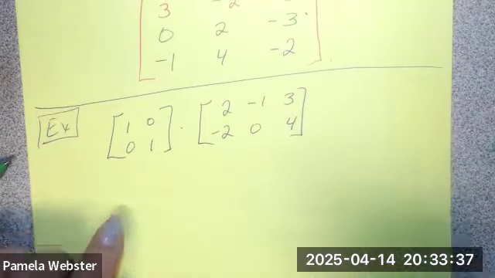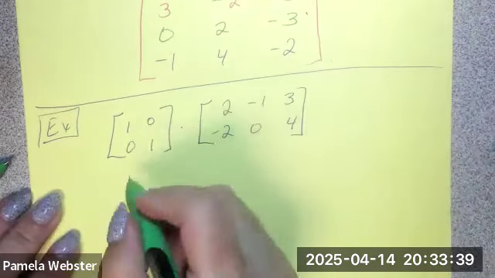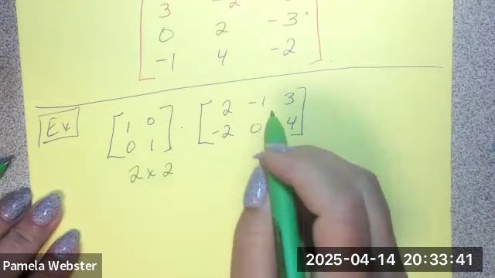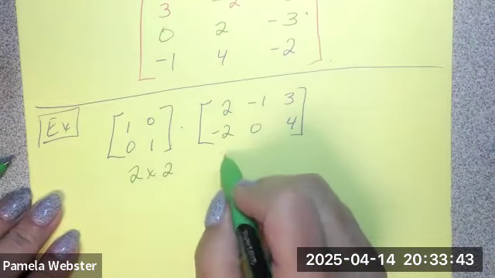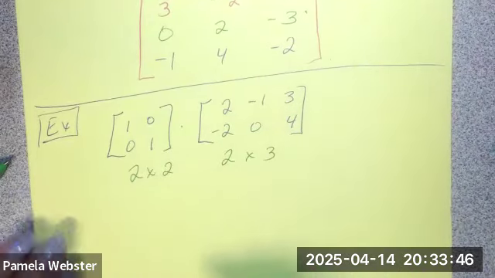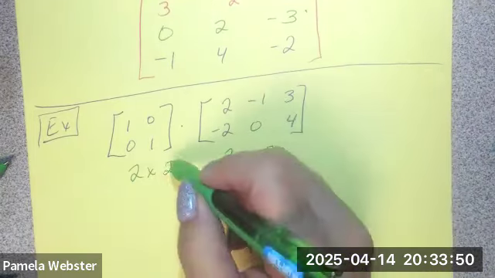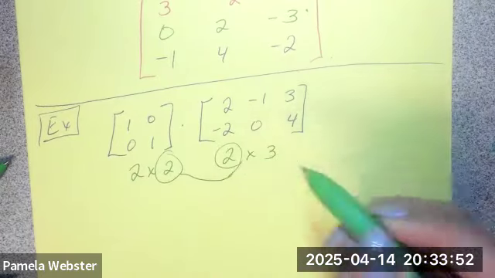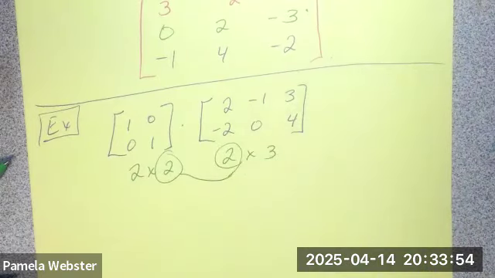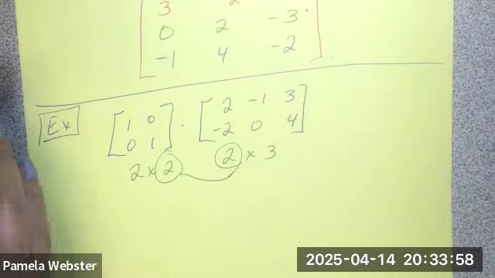And I hope that you're looking at it going, no way. A 2 by 2 and a 2 by 3, that would actually be okay as far as being able to multiply it out. But the problem is, I'm not going to get back what I want to be getting back.